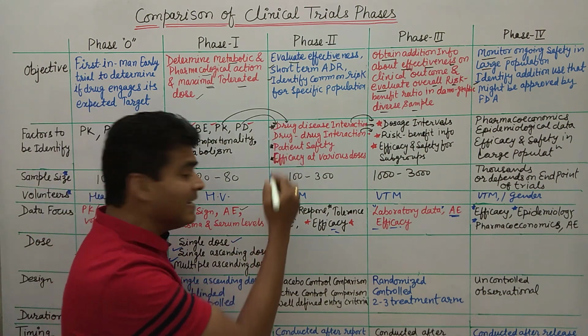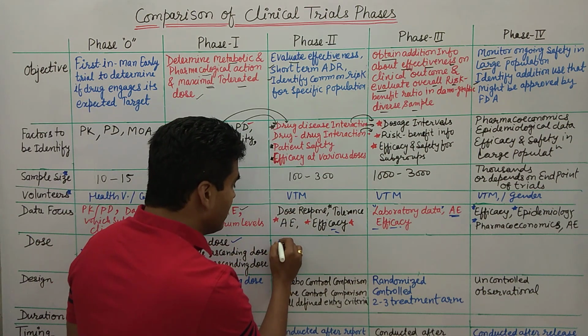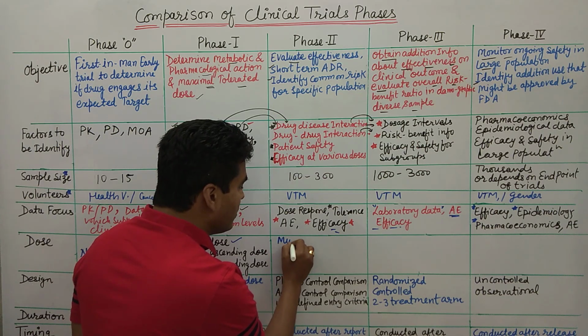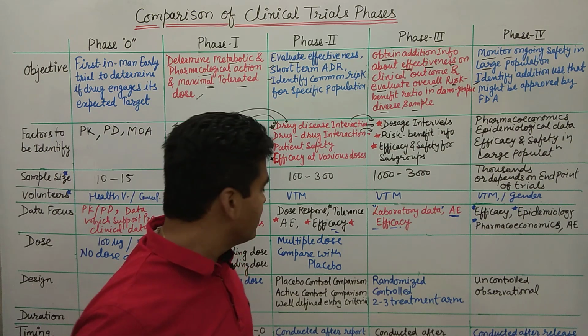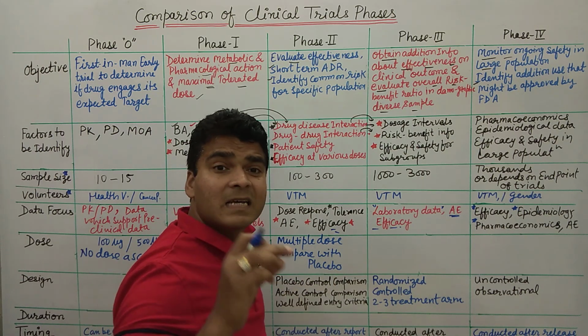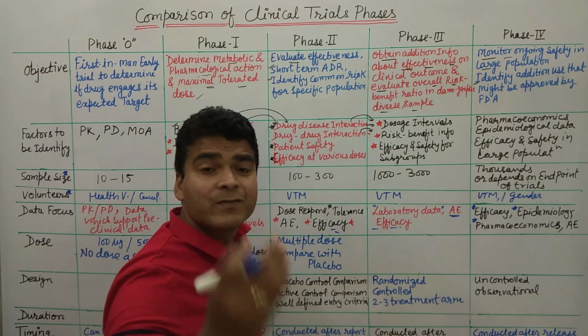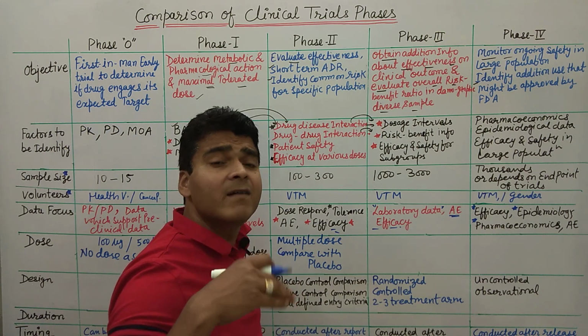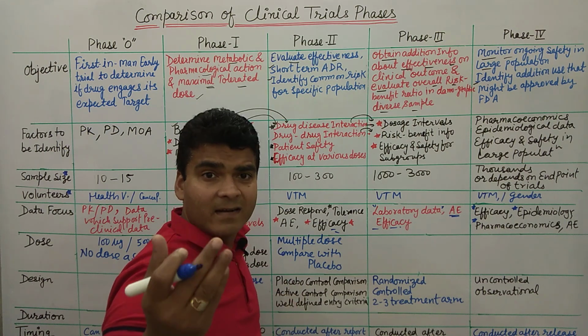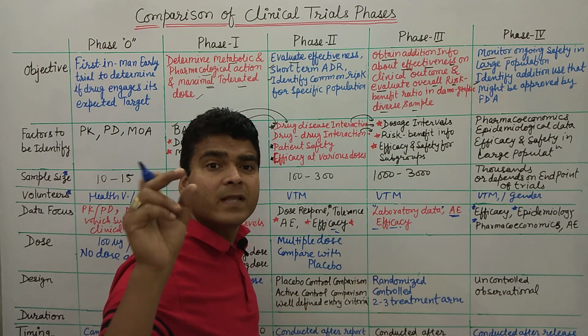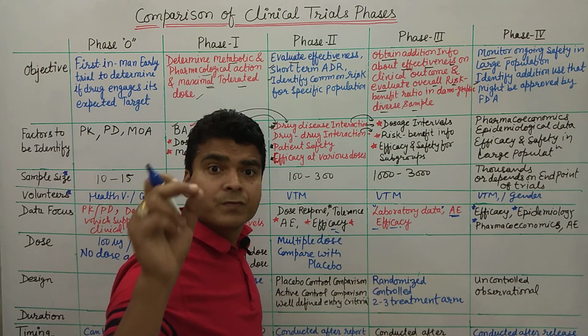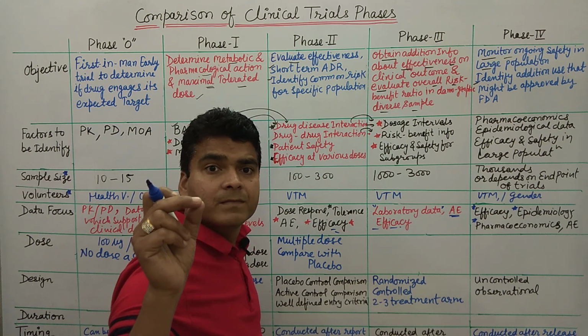Then the phase 2 trial is performed on multiple doses and compared with the placebo, clear. You all know about the placebo, I hope. Placebo means it is a compound which is not an active substance, but it gives a psychological effect that we are taking a drug, clear. Like homeopathic medicine, we all know that homeopathic medicine has sweet tablets.